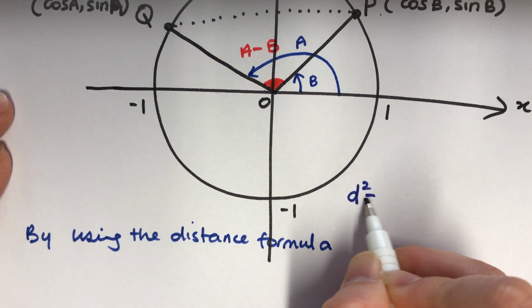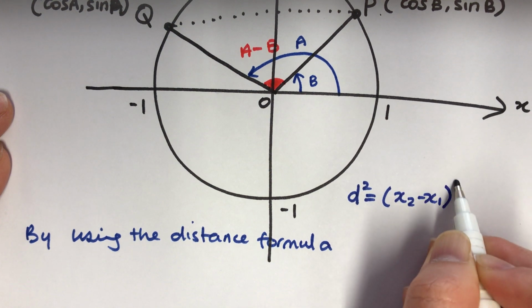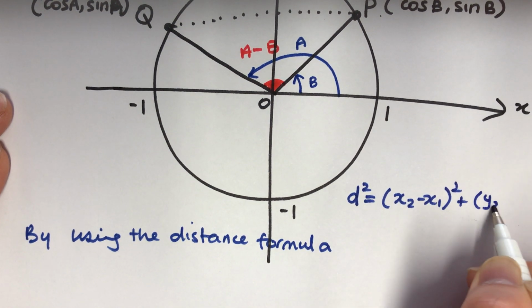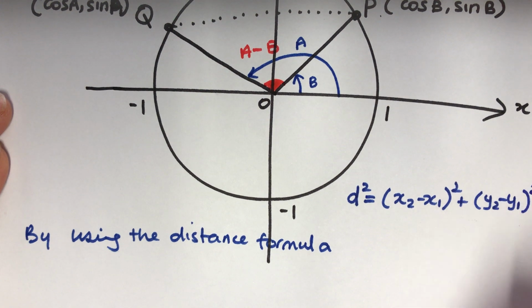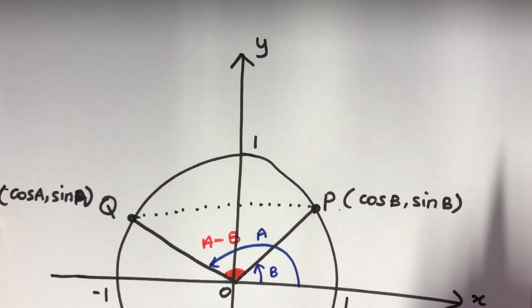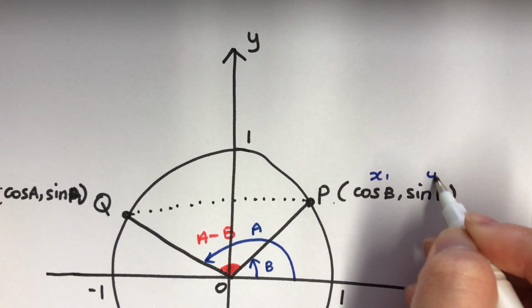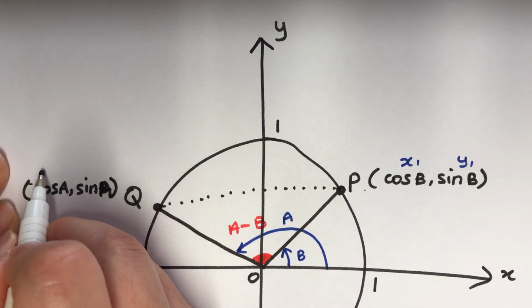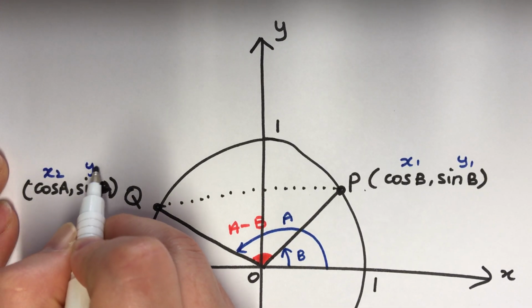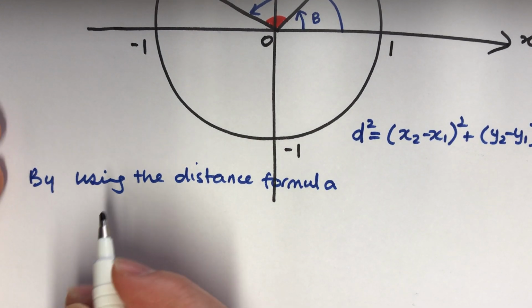D squared equals (x2 − x1) squared plus (y2 − y1) squared. I'm going to call this one PQ, so that's my x1, y1, and that's my x2, y2. Hopefully you remembered it.